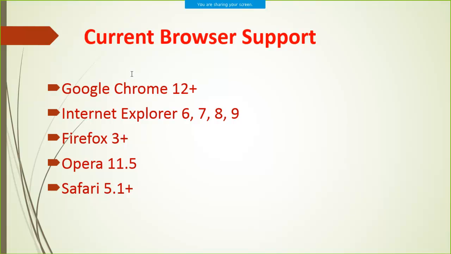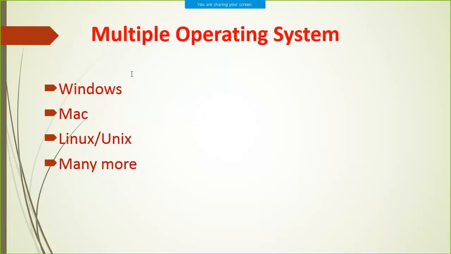Along with this, it also works on multiple operating systems. That is, you can make Selenium work on Windows, on Mac, on Linux or Unix, and many more operating systems. This makes it a very powerful tool, and that is why the demand for Selenium is increasing day by day, because it works on multiple browsers and multiple operating systems.